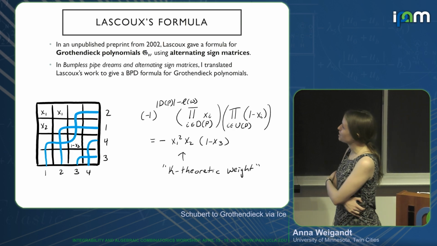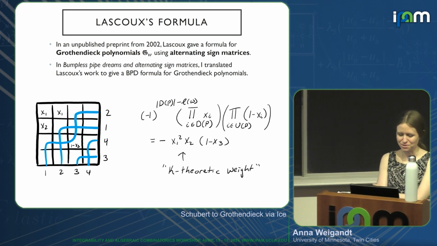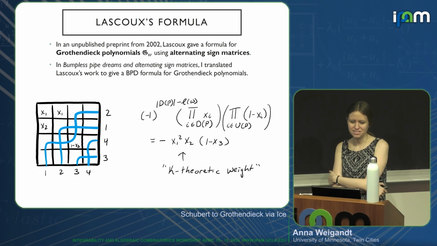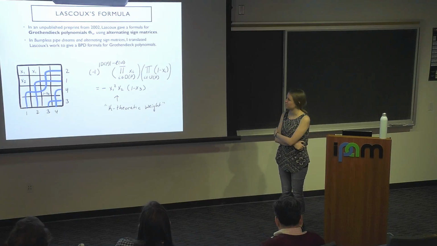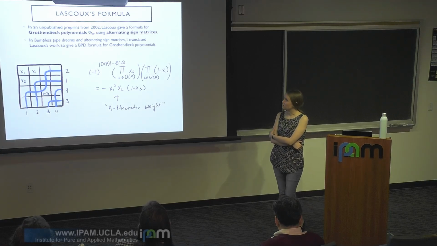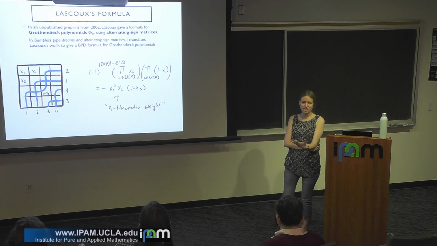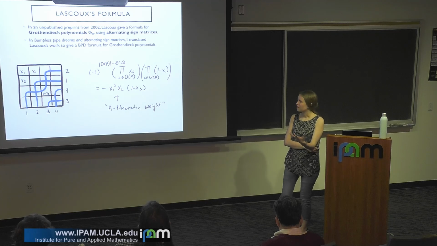Okay, so in particular, there's a bumpless pipe dream formula, but really it appeared first under the guise of alternating sign matrices in an unpublished preprint of Lascoux. So Lascoux showed us how to write down Grothendieck polynomials as sums of alternating sign matrices. But as we know, these objects are in bijection.